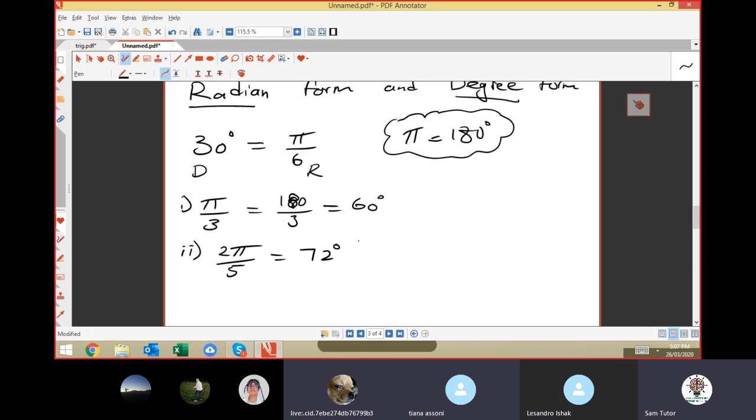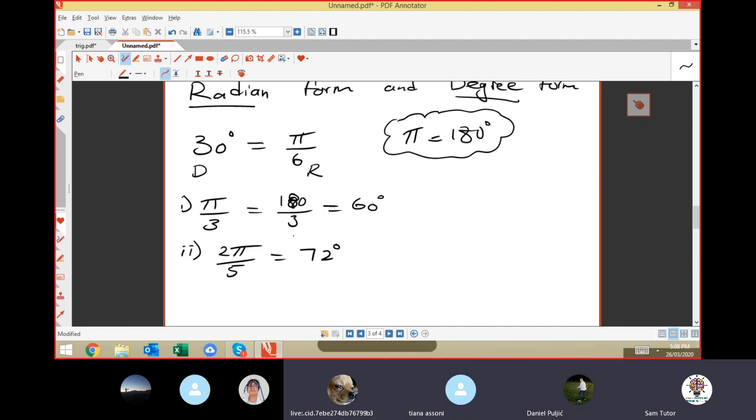On your calculator, press the fraction button first, then press 2 times 180, and at the bottom, go down to your denominator, 5.